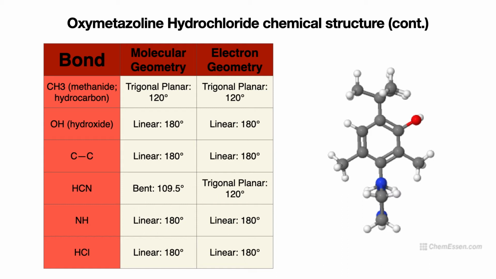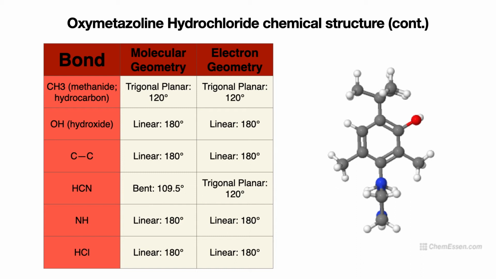The hydroxide molecule has a molecular and electron geometry of linear, meaning that it has a 180-degree bond angle. The bond between carbon and carbon, similar to hydroxide, has a linear molecular geometry and a linear electron geometry. The HCN bond, or hydrogen cyanide, has a bent molecular geometry with a bond angle of 109.5 degrees and a trigonal planar electron geometry with a bond angle of 120 degrees.